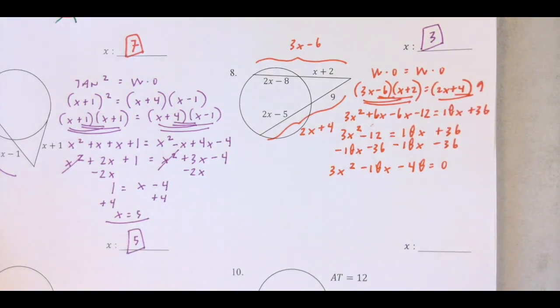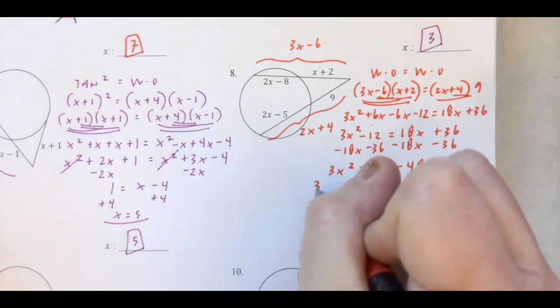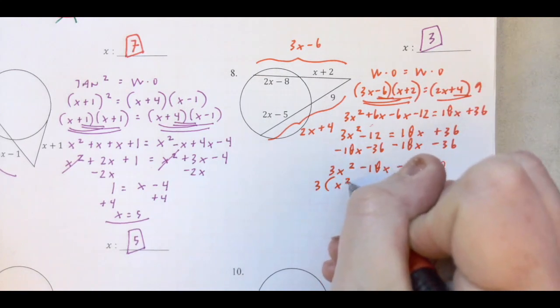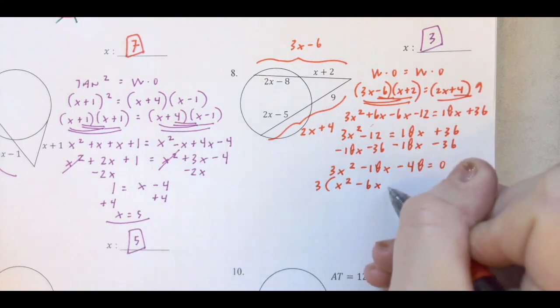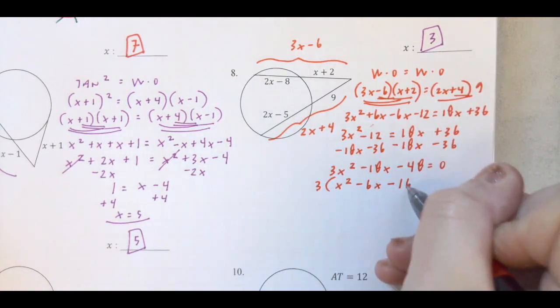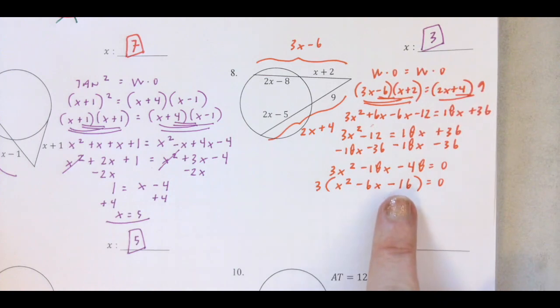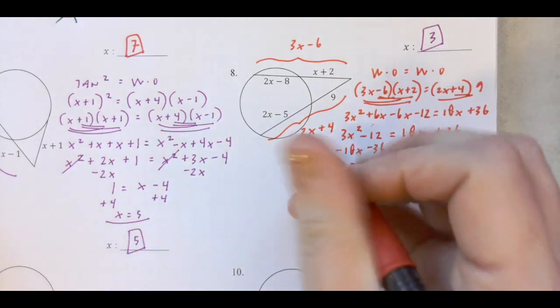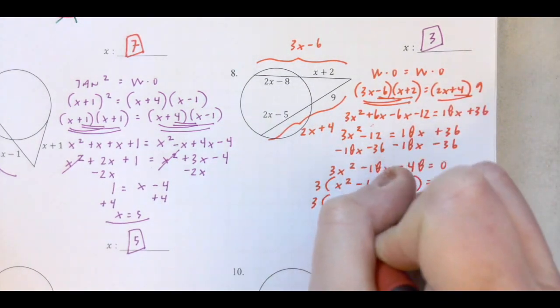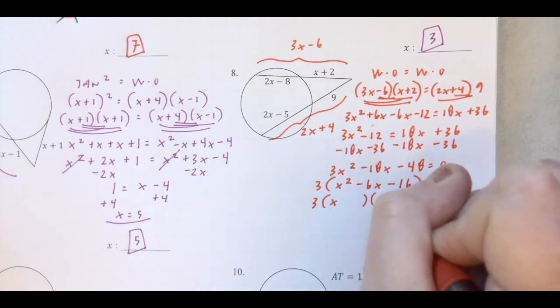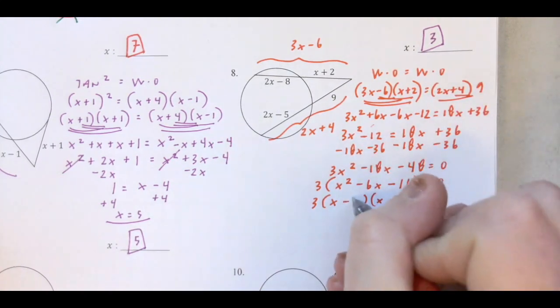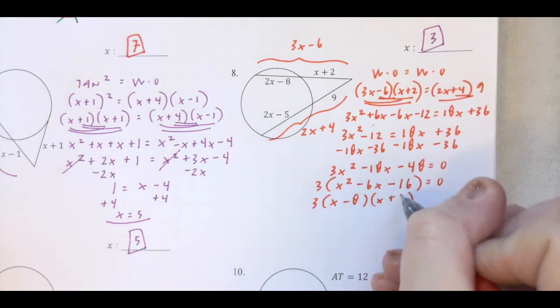So now I look for a GCF. I see that that's a 3, leaving behind an x squared minus 6x minus 16, all equal to 0. Okay, I'm looking for two numbers that multiply to a negative 16 that add to a negative 6. Okay, and we should see that that's going to be a minus 8 and a plus 2.